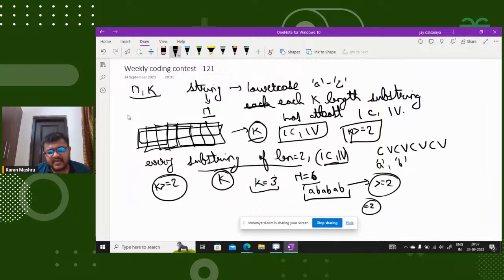This a and b has one consonant and one vowel, this b a has one, this a and b has one. So basically, starting with i equals 0 and going up to n minus 1, for every index, if the index is even, I'll place a there. If the index is odd, I'll place b there. Is this clear?